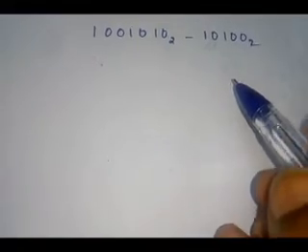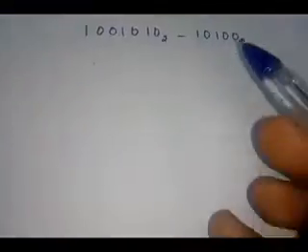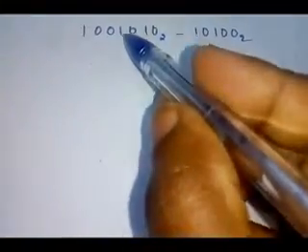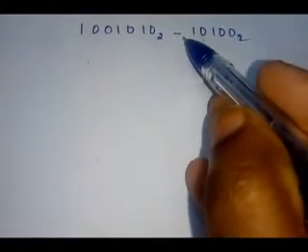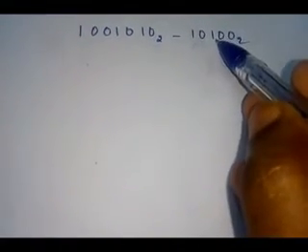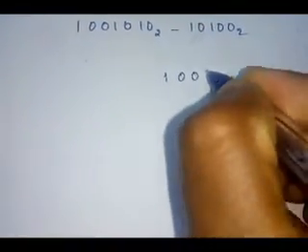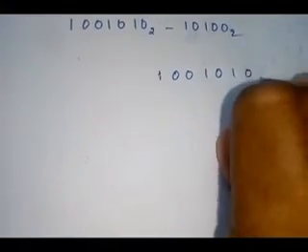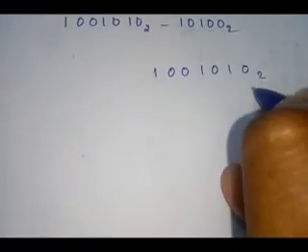Now we will see one problem based on this binary subtraction. 1 0 0 1 0 1 0 base 2 minus 1 0 1 0 0. Okay, how can we do that? See here, first you have to write the first number, then write the second number.